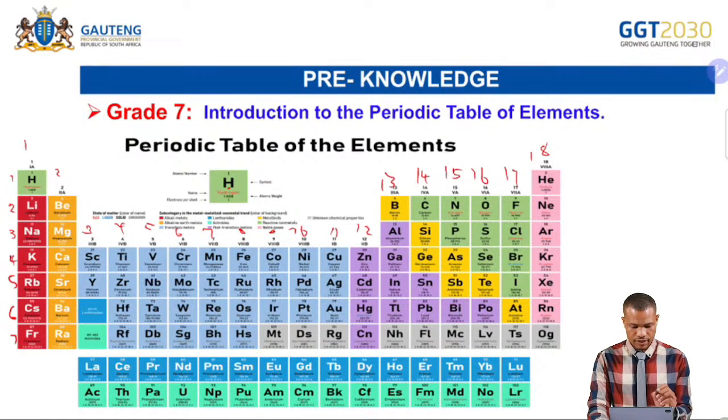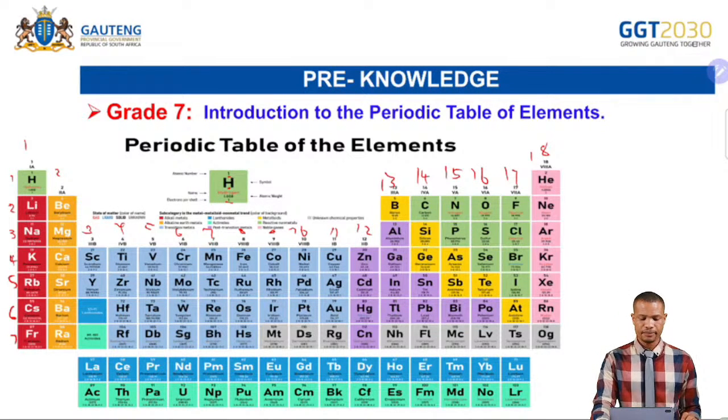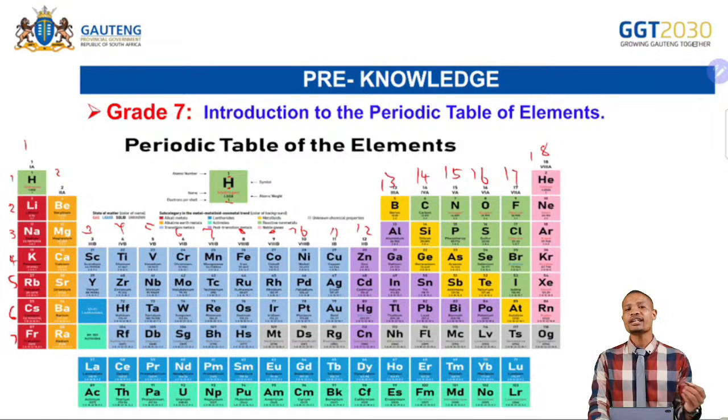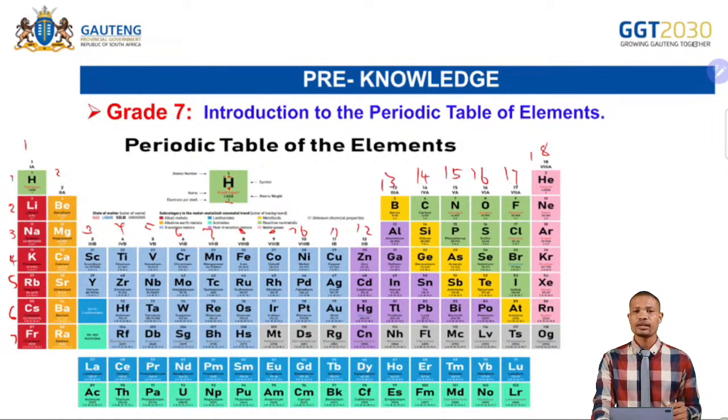Okay, that's good. Right, so your atomic mass is the largest number within the block, and then the atomic number is the smallest one. Sometimes, occasionally, they will put the name of the element if you have a bigger periodic table, but mostly you're going to find the symbol, the atomic number, and the mass number.